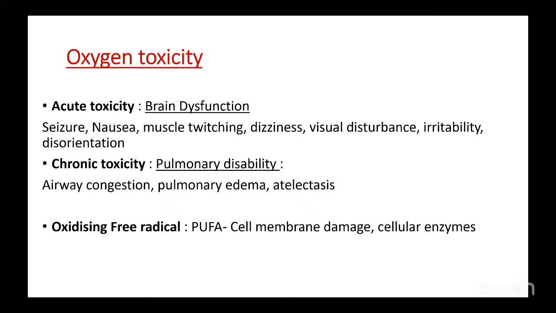In a chronic setting, more pulmonary disability can be seen, with pulmonary edema, airway congestion, and it can eventually lead to collapse of the lung. And apart from this, high oxygen content can result in free radical formation and damage.